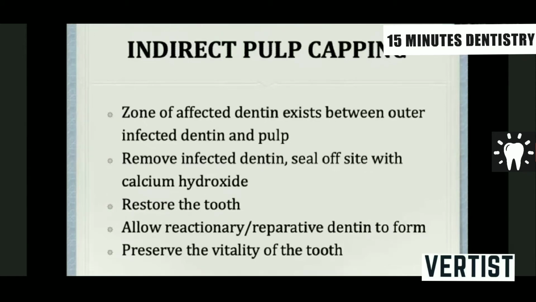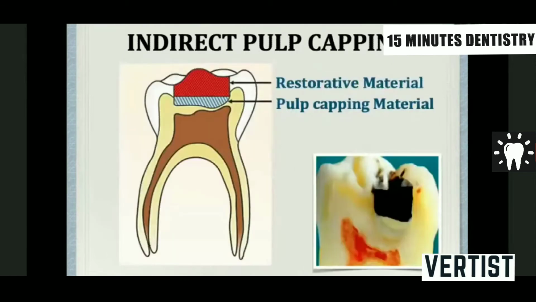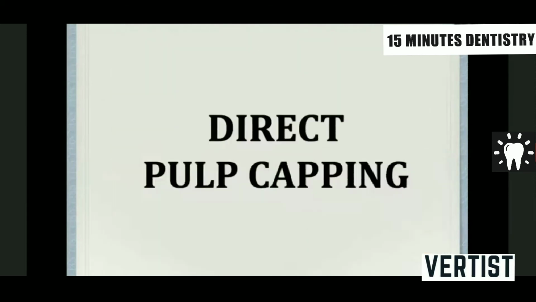Whenever there is a doubt that pulp exposure is going to happen if the whole carious dentine is removed, then that is left there and a medicament like calcium hydroxide is placed, followed by a restorative material, either a glass ionomer material. On top of it, you can go for composite restorations. Okay, if it is involving more than two surfaces, we can even go for stainless steel crown restorations.